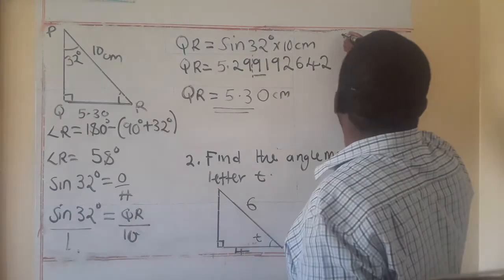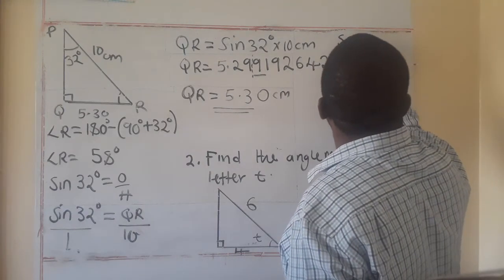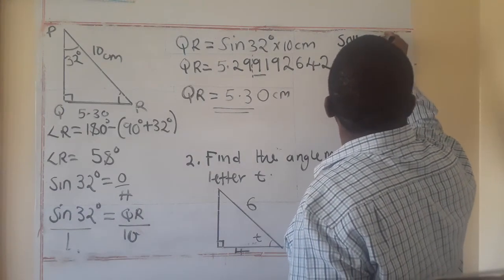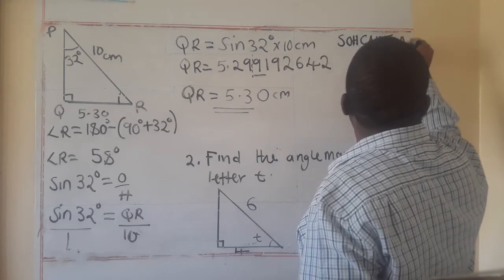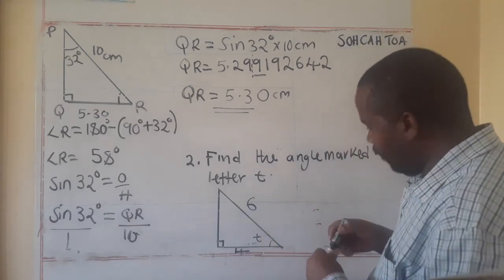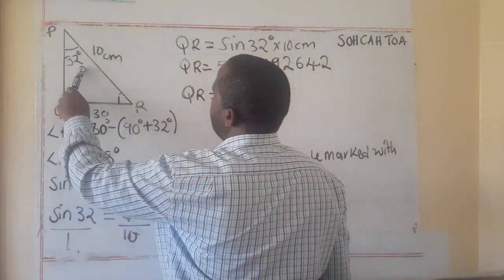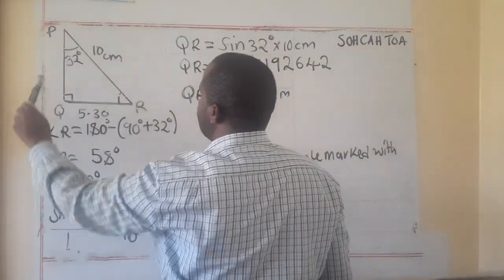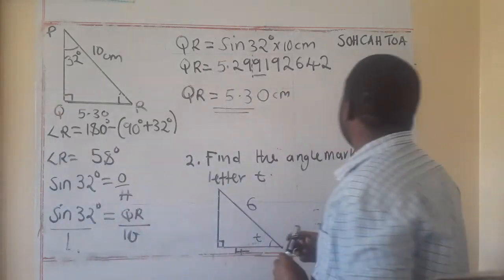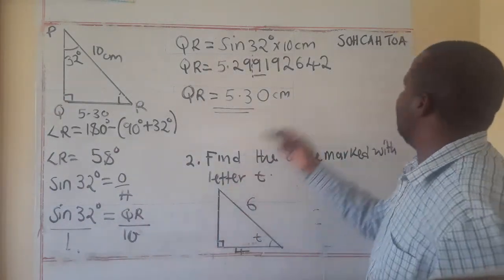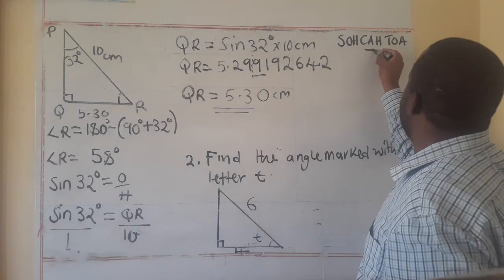So if this is your angle and you want to find QP, you realize that QP is an adjacent. So you go to where we have an adjacent. You have got this and that.